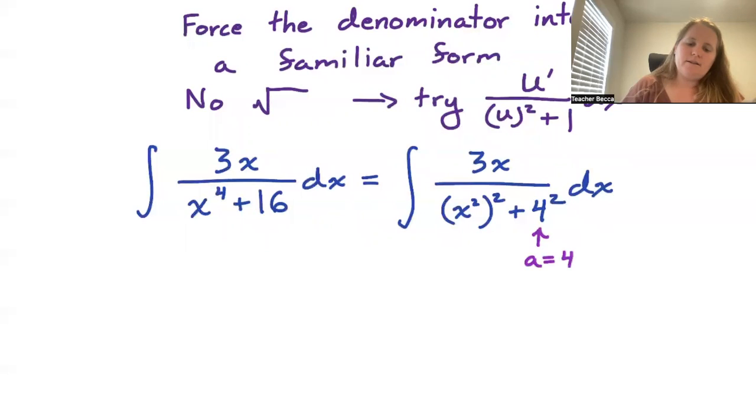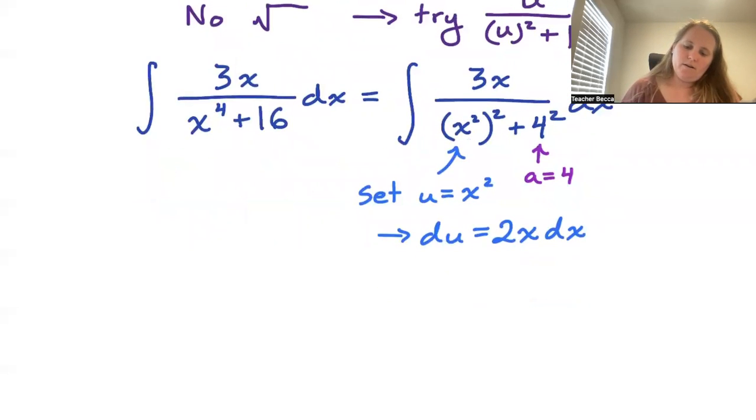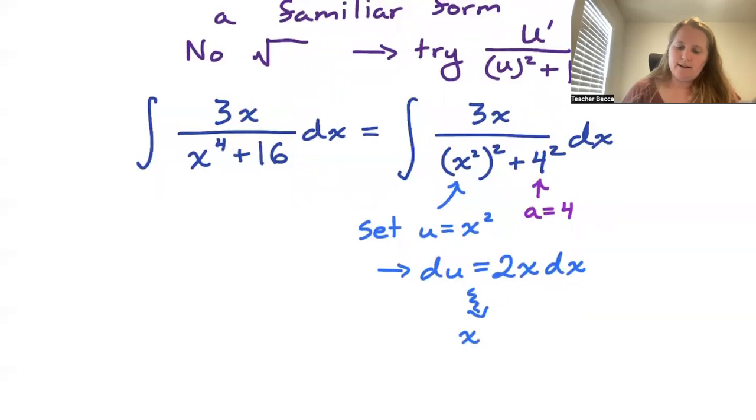Let's set u to be x squared. And we have du is 2x dx, or we do have an x dx involved. So x dx is 1/2 du.